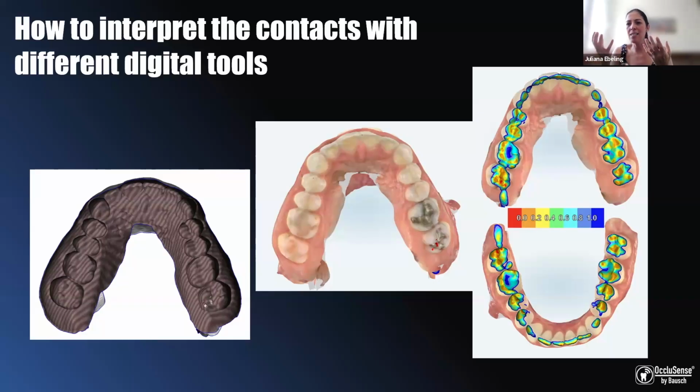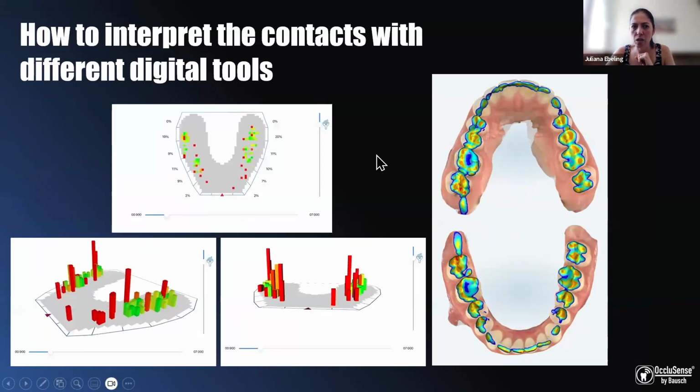I can find the moment that represents the scanner occlusogram with OccluSense. I can roll the graphic and then find this moment. But remember that when I register the position, I have to register both sides. And we will see the implications of this registration.